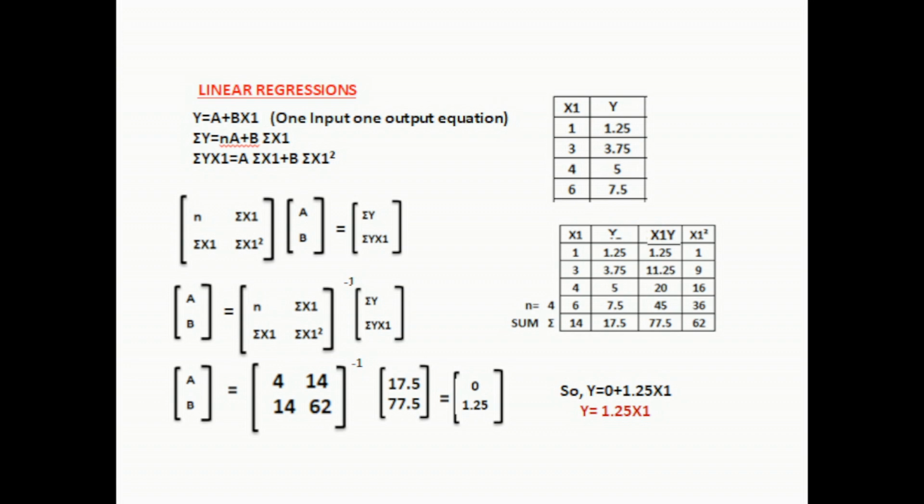The values are substituted and inverse and multiplications we have done. So A and B equal to 0 and 1.25. So the equation is y is equal to 0 plus 1.25 x1. Y is equal to 1.25 x1.